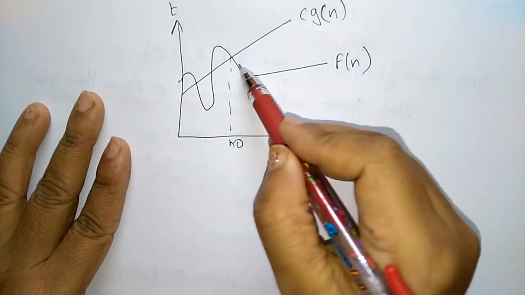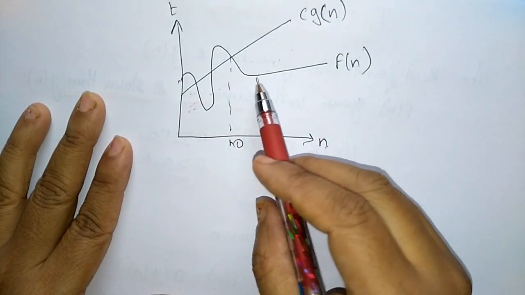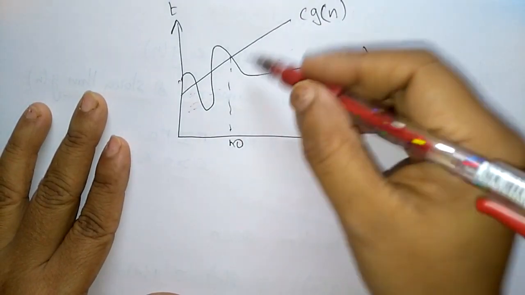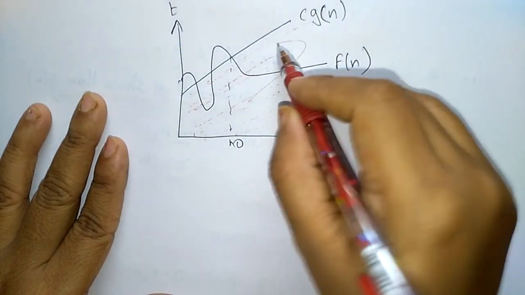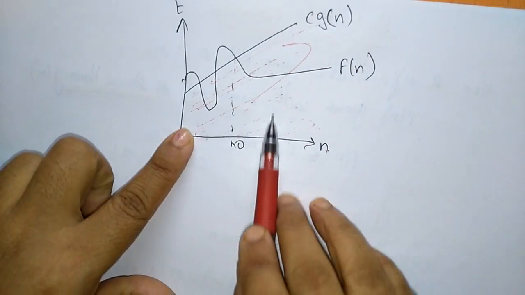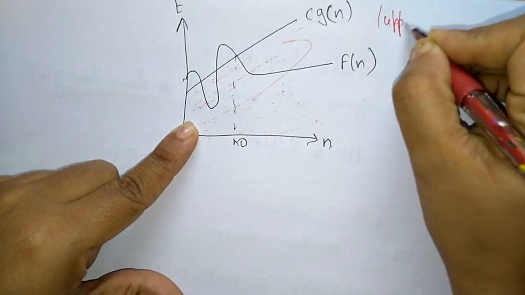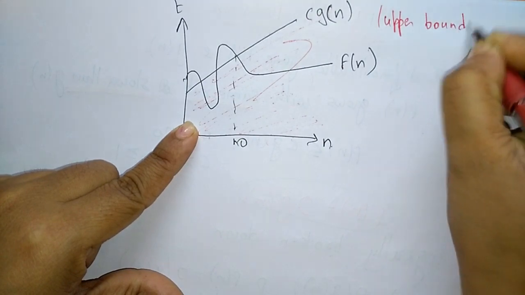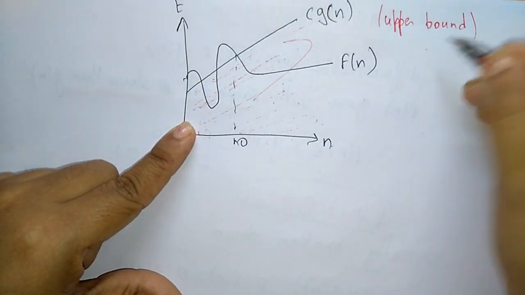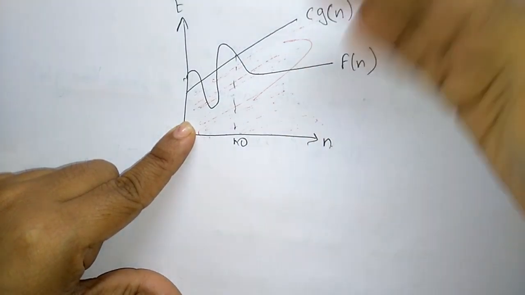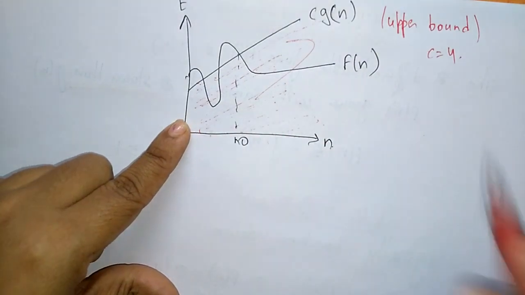The big O notation is always slower than, so this is completely an upper bound. The c g of n is always present above f of n. Let's take c as 4 because this is the upper bound.